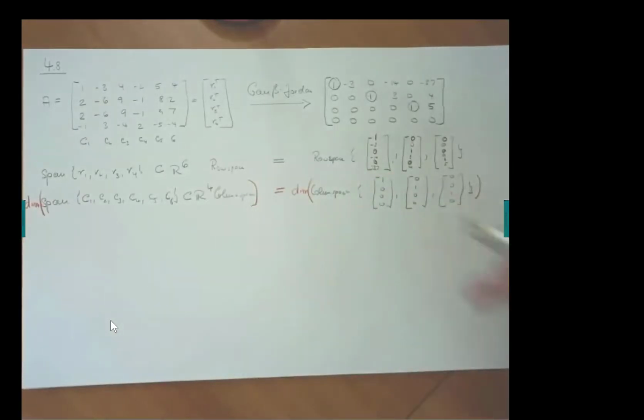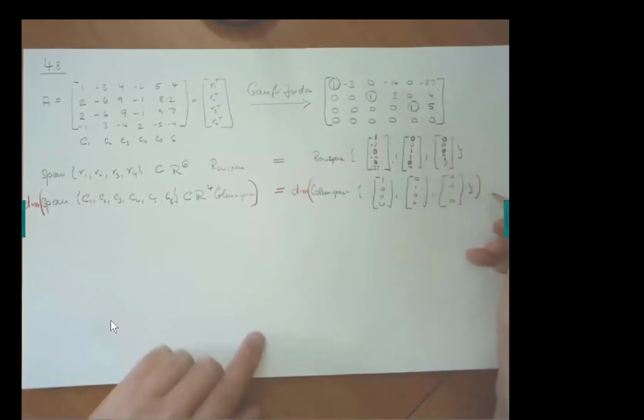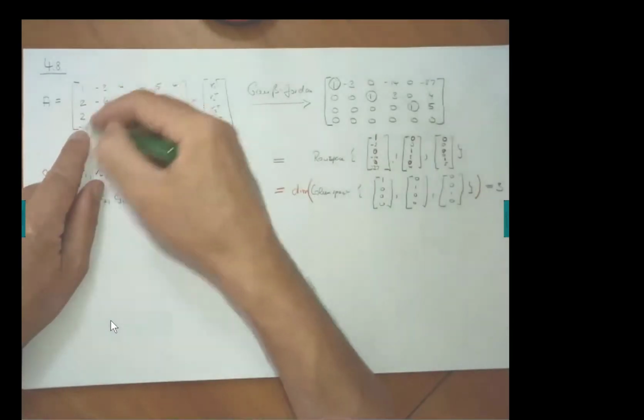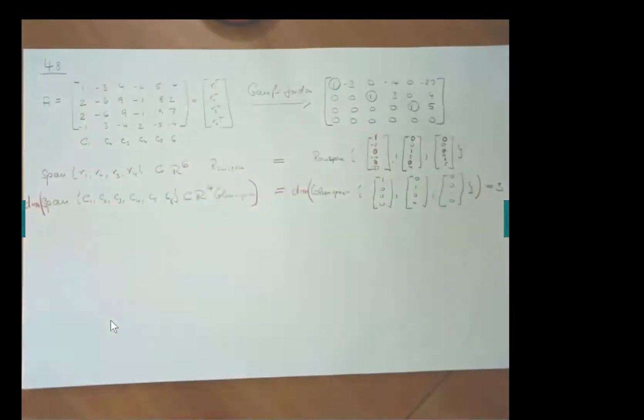So here we have 3 linearly independent vectors. So dimension is 3. Then the dimension here is also 3. So you have 6 vectors, but they only make a 3-dimensional space. That means you can pick 3 of them and they make the other 3.